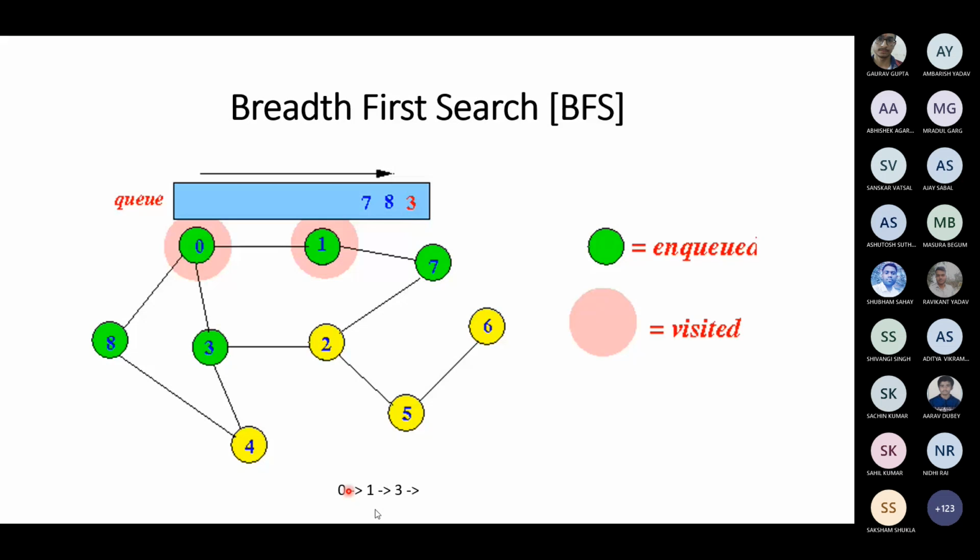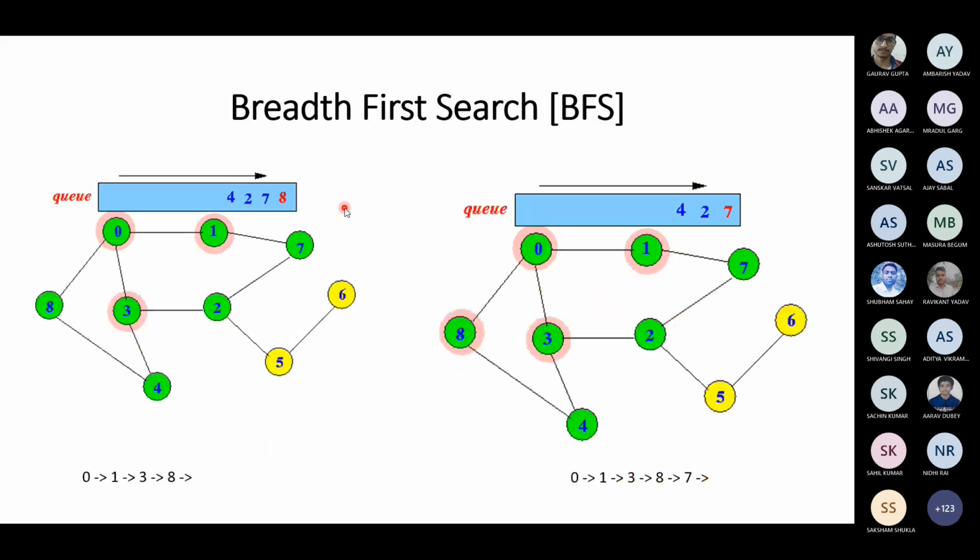You will visit 0, 1, 3. Then you will insert 2 and 4 at the back. The next element you will visit is 8. So 0, 1, 3, 8. After visiting 8, you will see the nodes which need to be inserted in the queue. There are no elements.